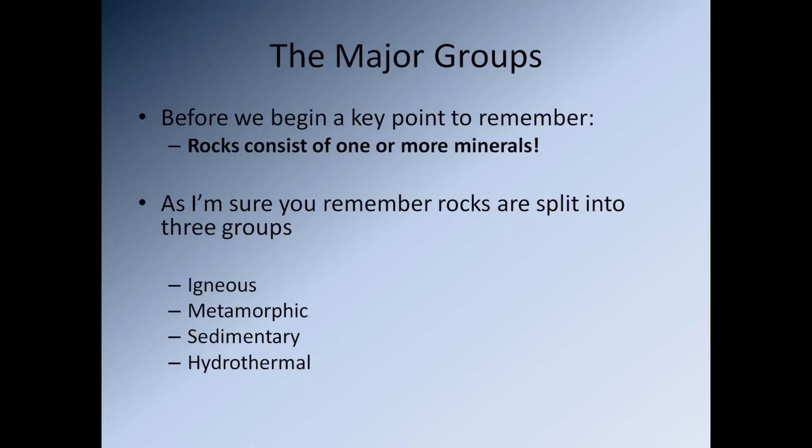Well, the problem is hydrothermal processes are intimately related to igneous, metamorphic and sedimentary rocks. So in the case of metamorphism, it's not uncommon for hydrothermal fluids to be circulating around as part of the metamorphic process, and those hydrothermal fluids will alter the rock and metamorphose it.